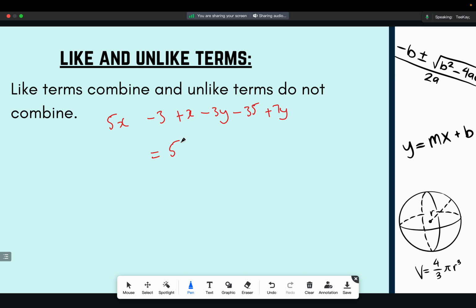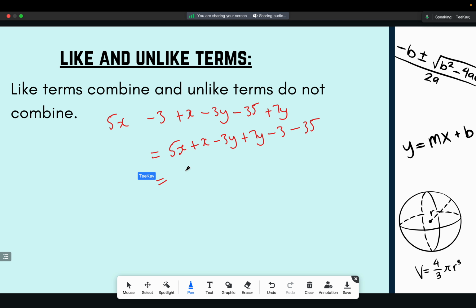That's like this plus x, and then we have minus 3y, this one plus 7y, and then we have the numbers minus 3 minus 35, and then we deal with this because they are alike.